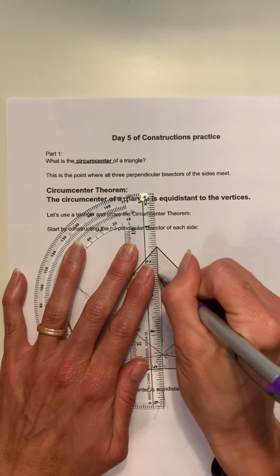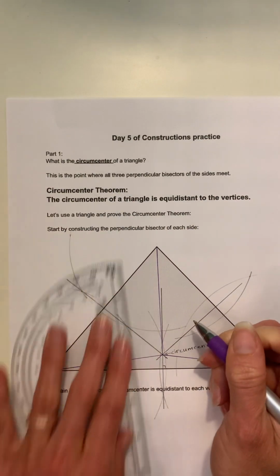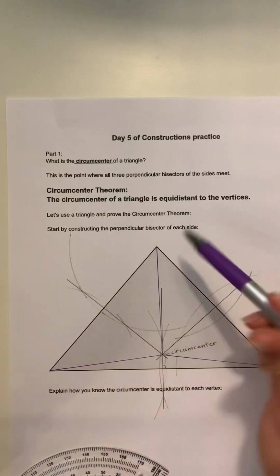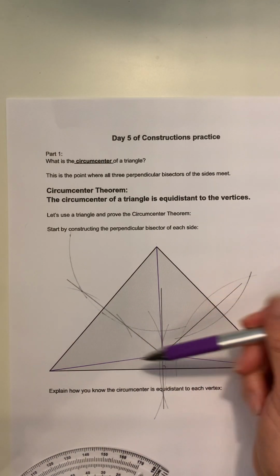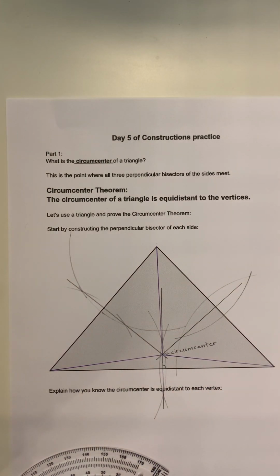There we go. Okay, so our theorem is telling us that this purple line, and this purple line should all be equal. Let's see why that would work.